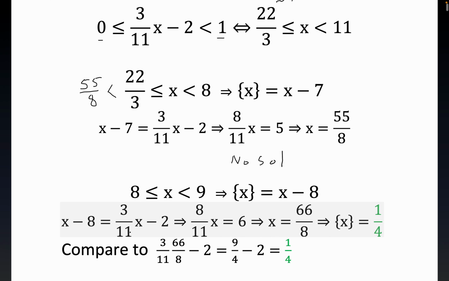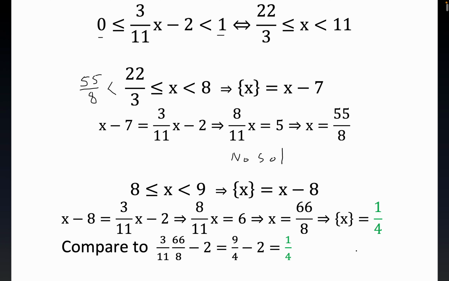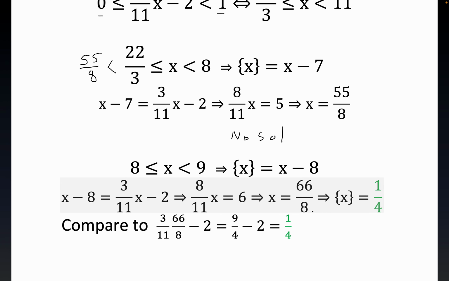Now I won't go through all the algebraic steps here, but we do get that the fractional part is equal to 1/4. You may want to note that I didn't write this down, but this reduces to 33 over 4. 33 over 4, of course, is equal to 8 plus 1/4. So, yes, 1/4 is the fractional part of 33 over 4.